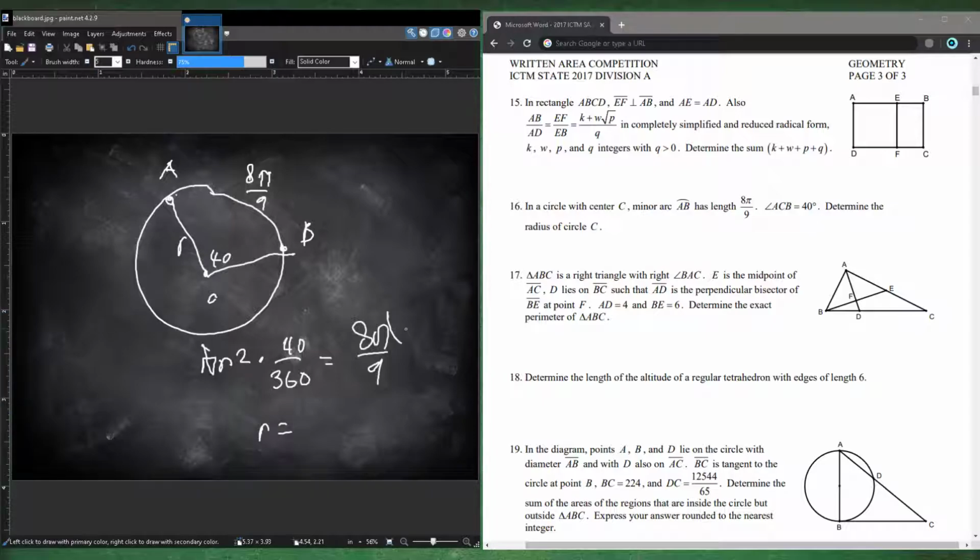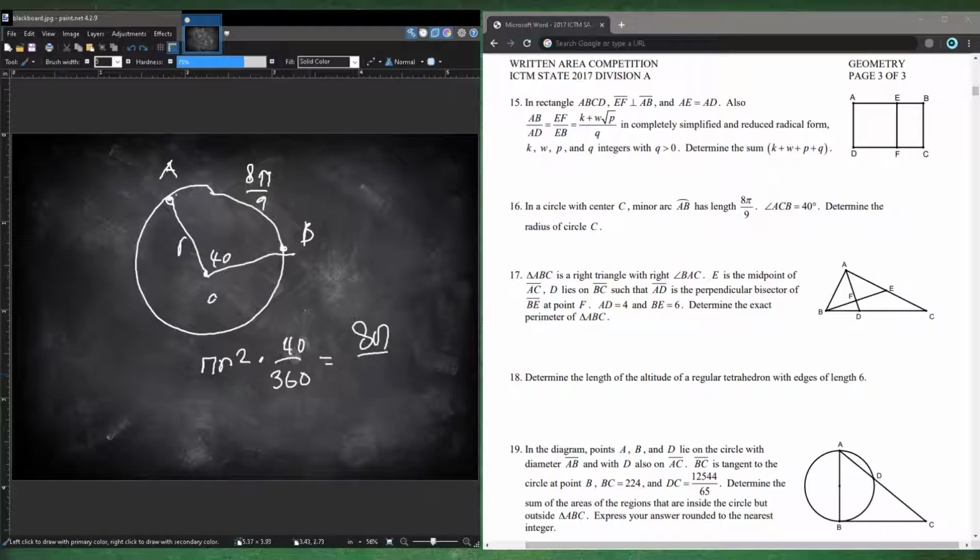So then we could have 8 divided by 9 times 360 divided by 40. And then we could take the square root of that, which is just 2 square root 2. Right? And that should get us, oops, I messed up the calculations a bit. 8 ninths. Ooh, sorry about that.